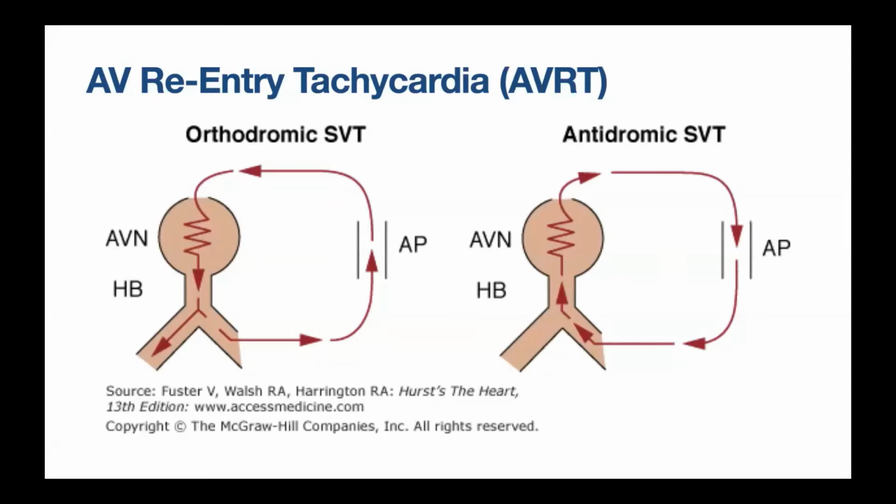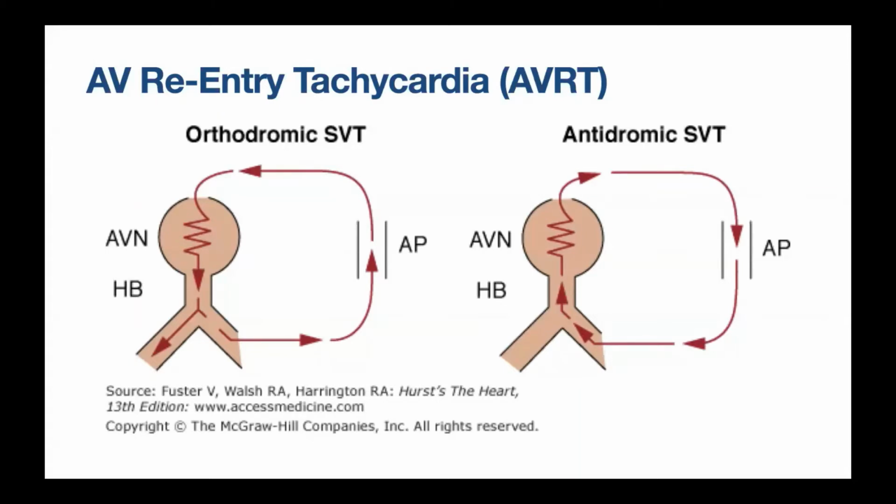And this is what's called orthodromic AVRT. And in this case, you would expect the QRS to be narrow, not wide, because the conduction to the ventricle was through the normal process. So through the normal AV node, we don't have an impulse going down the way here. So you don't expect to have a wide QRS.